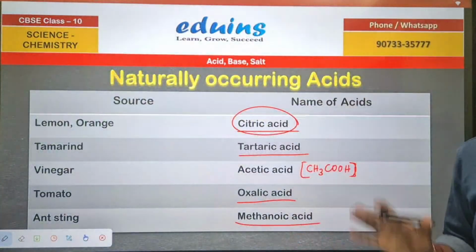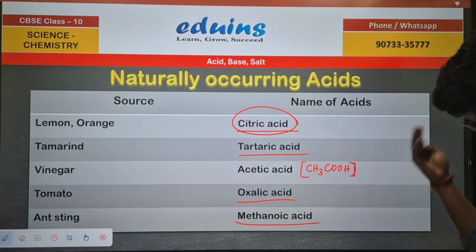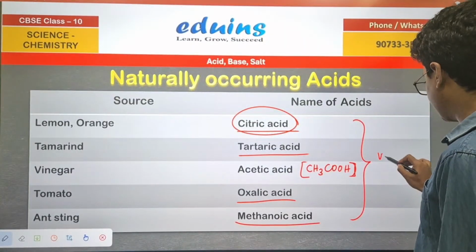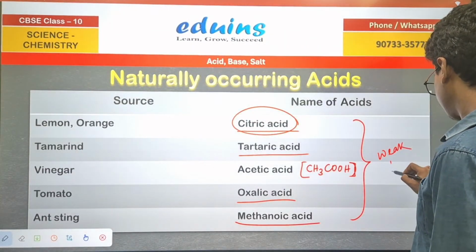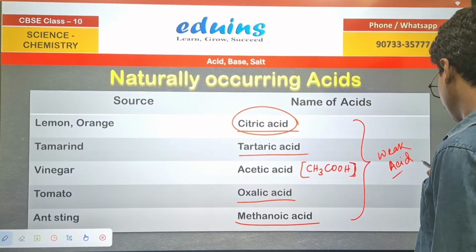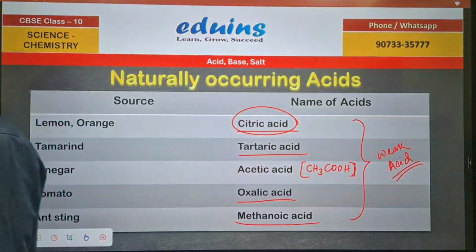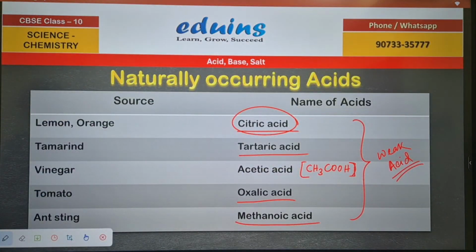But these acids are naturally occurring acids, and that's why they are all weak acids. We can eat them, we can digest them. That's why they are weak acids. Clear, everyone? If you have any doubt, ask in our comment section. We will definitely try to solve it.